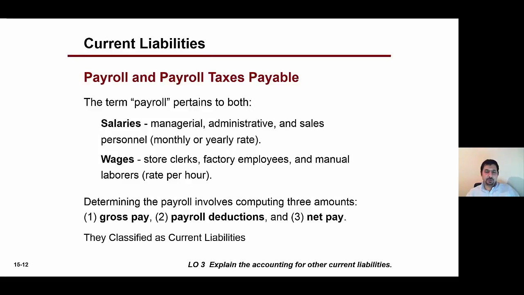Then we have payroll deductions, the amounts that the company will withhold from paying to their employees, and then remit to the various tax agencies. The difference between gross pay and deductions will be the net pay, which is the amount that the employees will receive after the deductions.